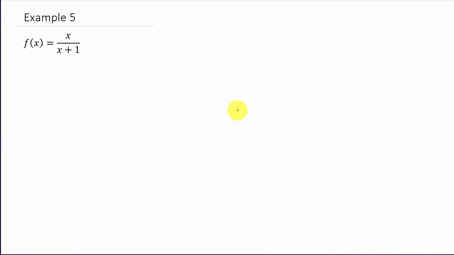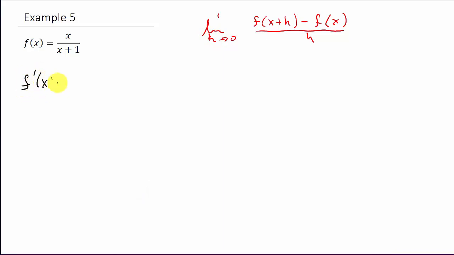Alright, so before we start, let's go ahead and write down the formula here. And that's the limit as h goes to 0. Alright, so let's see. f prime of x is equal to, so we've got f of x plus h.